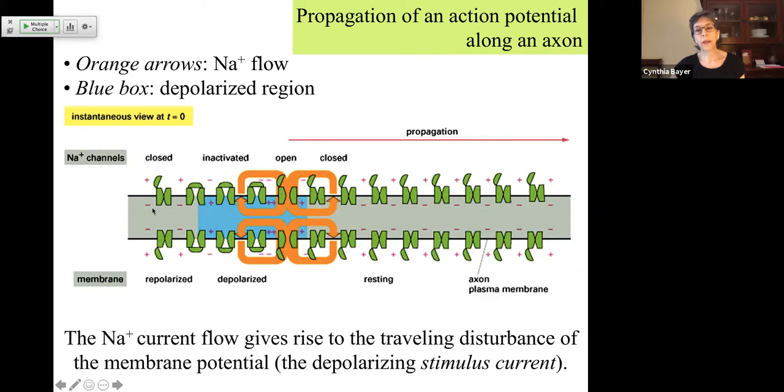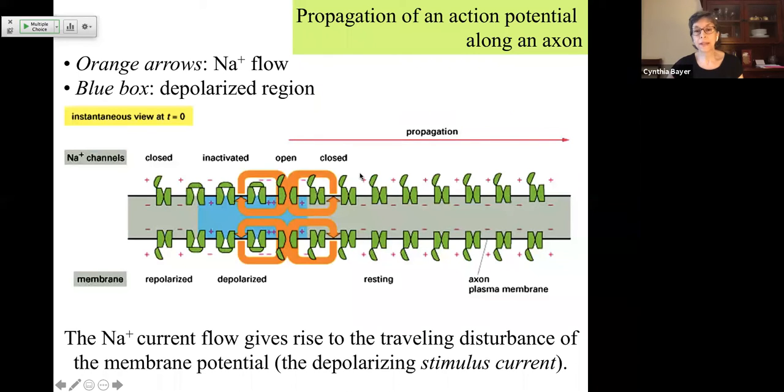Now, what we're seeing here is that the propagation, this continuous wave of this depolarized region of a membrane, is going to move in one direction. In our case here, within a millisecond, it's going to be moving to the right.